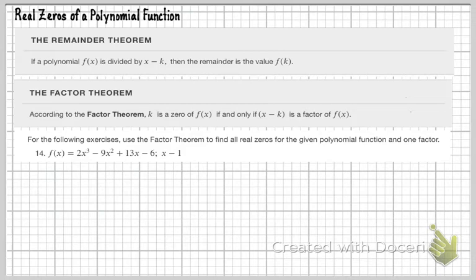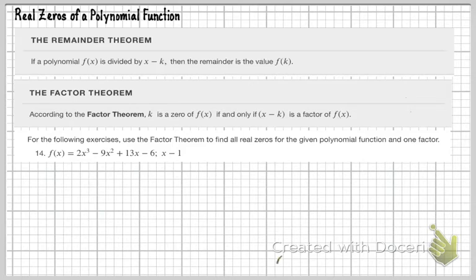What I want to show you here is the remainder theorem first, before we get started with this problem. I think this is interesting. So if I plug in 1 for my k, because notice what this says: a polynomial f divided by x minus k, then the remainder is the value f(k).